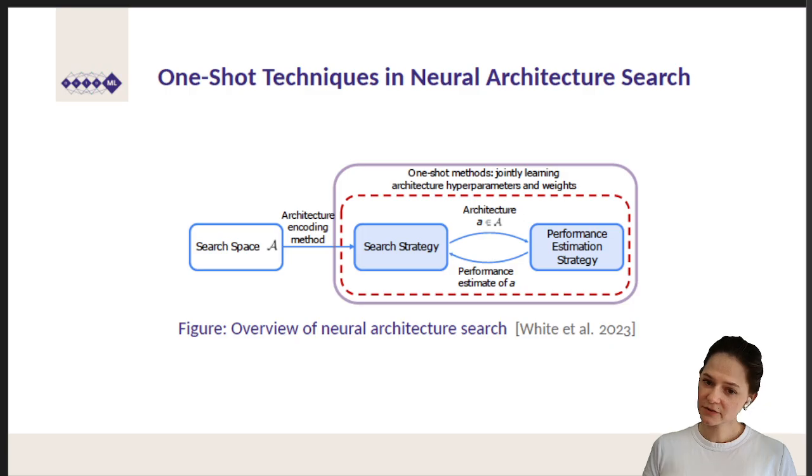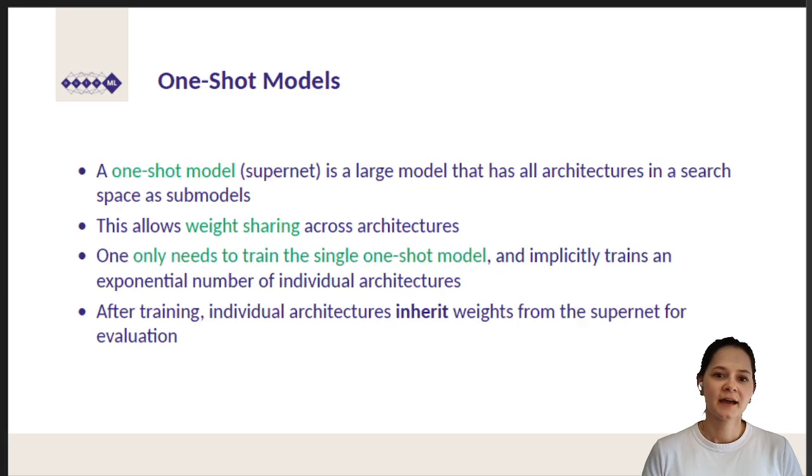So we have seen this figure already several times, having the search space defined, and now we want to have one one-shot method, which jointly learns the architecture with their weights. And the idea is that we have a one-shot method, a so-called super network, which is a large model that has all architectures in the search space as submodels or also subnetworks, which allows for weight sharing across architectures.